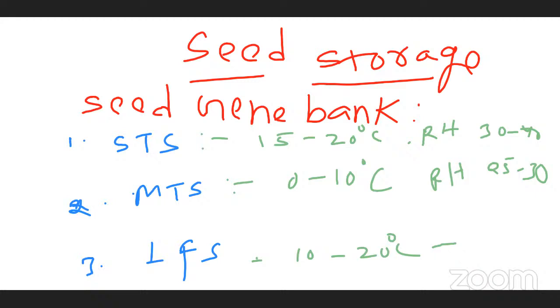Long term means almost 50 years and above. That's why we should use aluminum containers, and also single layer pouches, multi layer pouches and polythene bags are used. Most probably aluminum bags are most preferable. So these are the standards for the seed gene bank.